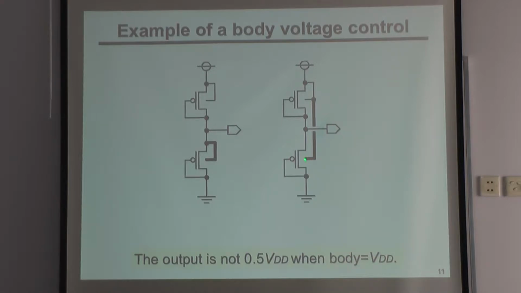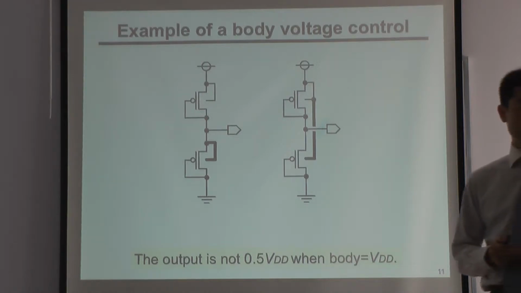If you connect the body terminals like this, the characteristics of this PMOS and this PMOS become different, because the source-to-body voltage is the same here, but different from here. That means the PMOS characteristics differ, and the output voltage does not become half VDD.